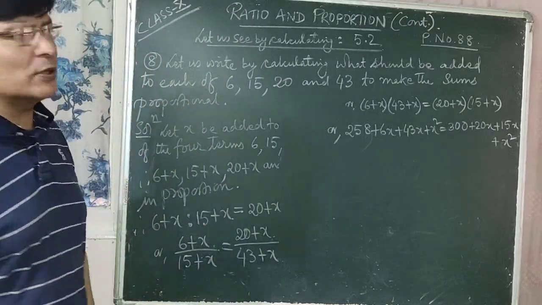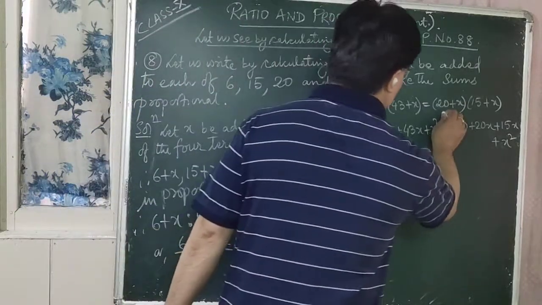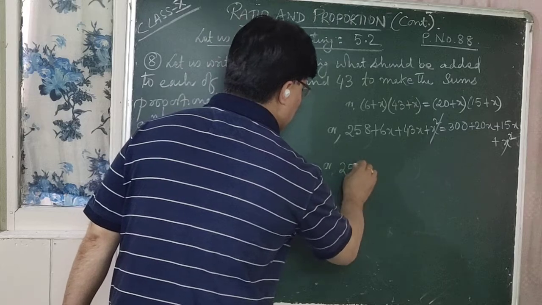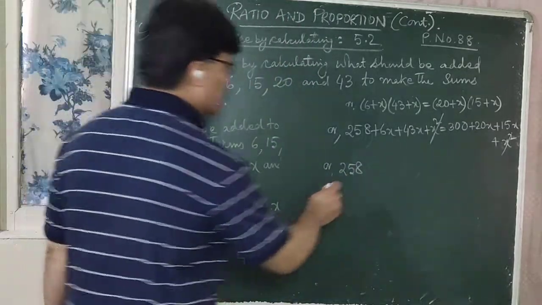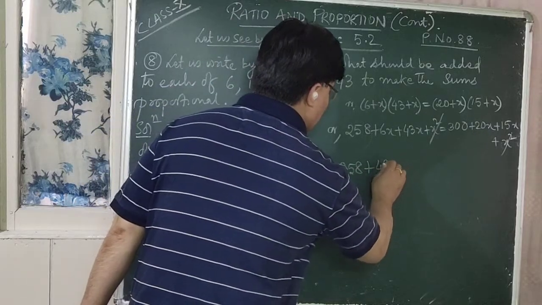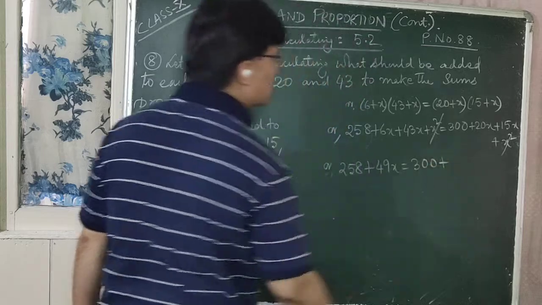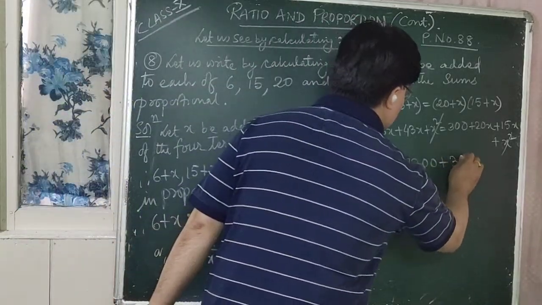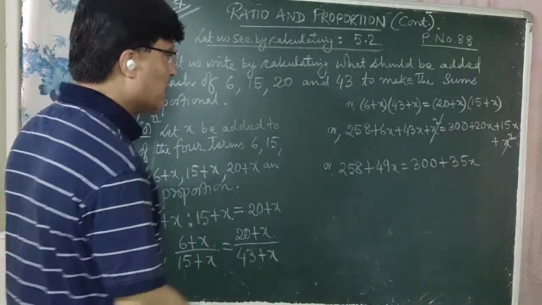From both sides, x square and x square are common, so you can cancel them. So let's cancel it. We have 258 plus 6x plus 43x, same sign, so you can add them. That is 49x is equal to 300 plus 20x plus 15x, which is 35x. Let us simplify it.